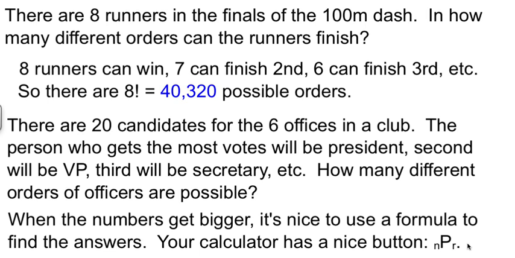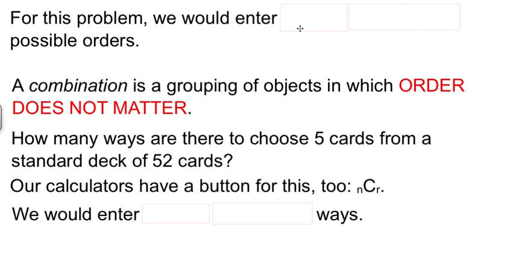But the button is nPr. The P stands for permutations. N stands for how many things you have, and R is how many you're choosing. So we would have 20 candidates that we're choosing 6 of. So to put this in our calculator, we would put in 20, and then the nPr button, and then 6.